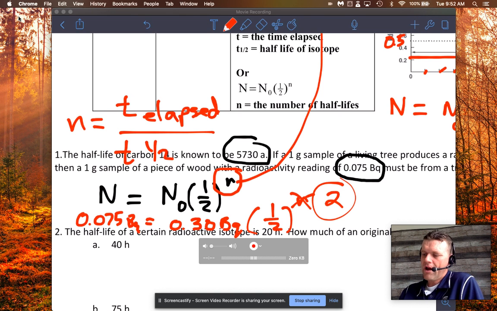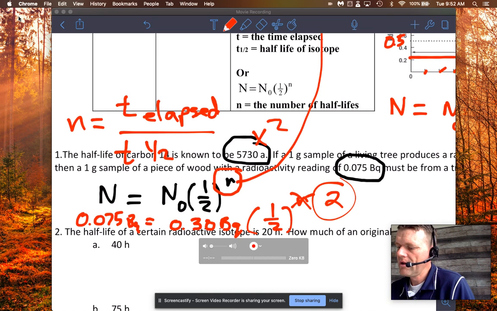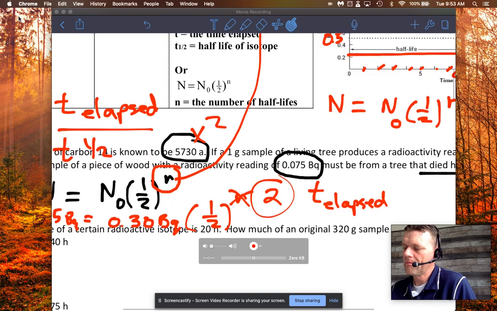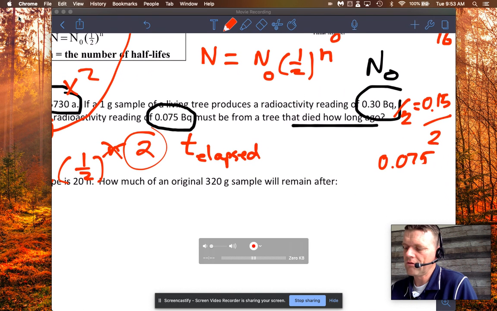So with 2 half-lives, how old is this tree? Well, 1 half-life would be 5,730, so 2 half-lives would be double that. How old is the tree? So this would technically be the elapsed time. I'm kind of using a bunch of subscripts here, but I think you can follow that.